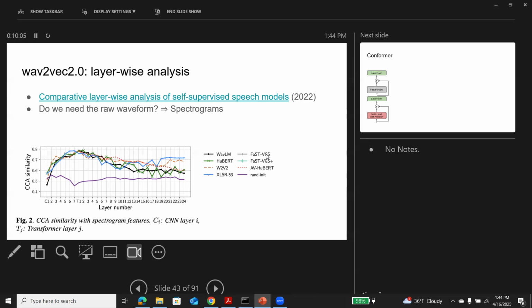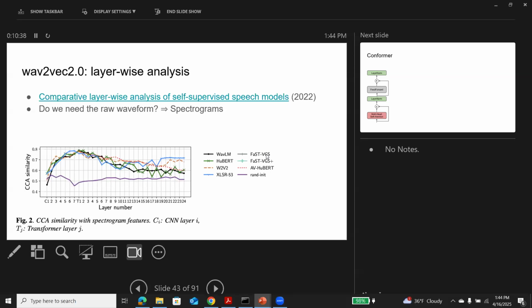We will talk later about HuBERT and others, but all these models are creating vector embeddings for audio, and they calculate the similarity of the spectrogram and the embeddings learned by the model on different layers.